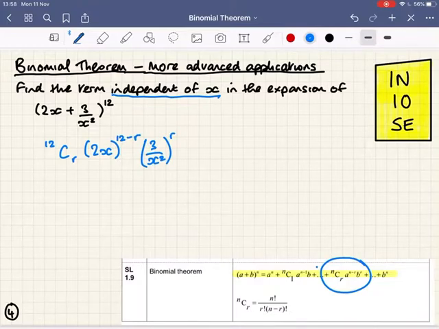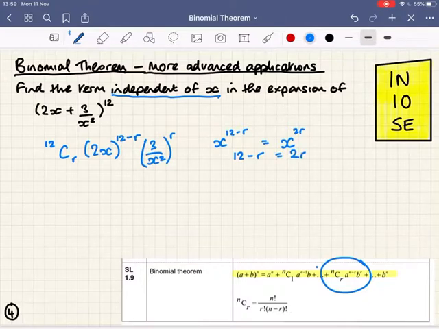In other words, x to the 12 minus r would have to equal x to the 2r, because I'm going to divide x to the 12 minus r by x to the 2r in my solution, and I'm hoping they disappear. They'll disappear if 12 minus r equals 2r.